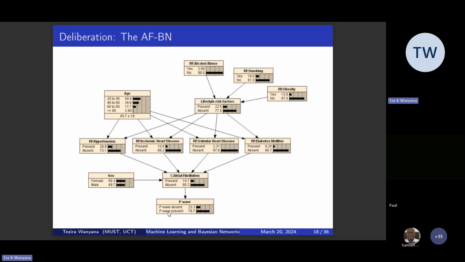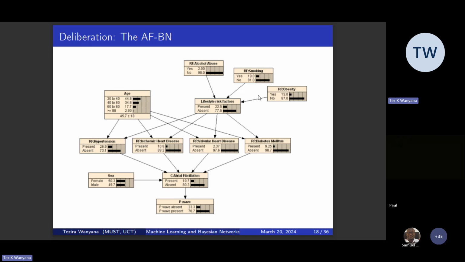For example, if we have seen that a P wave is absent, the P wave node will have 100% absent here, and then those probabilities will be propagated. So now we would know the chances of someone having atrial fibrillation, and the chances of these other risk factors.